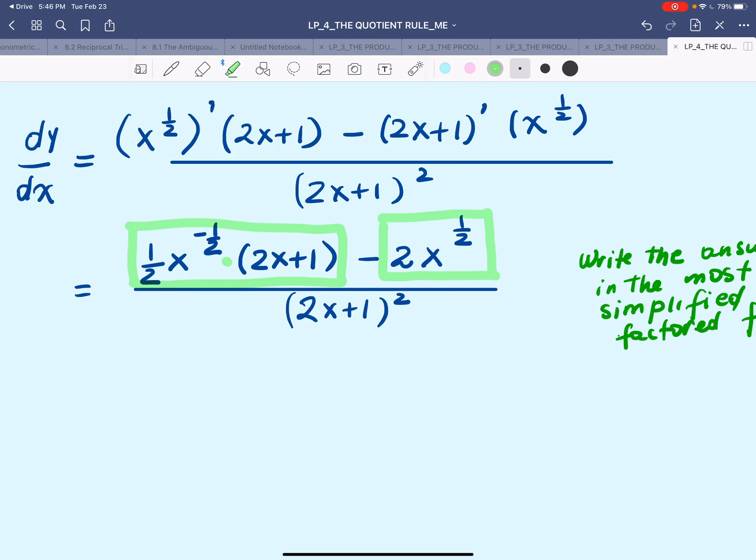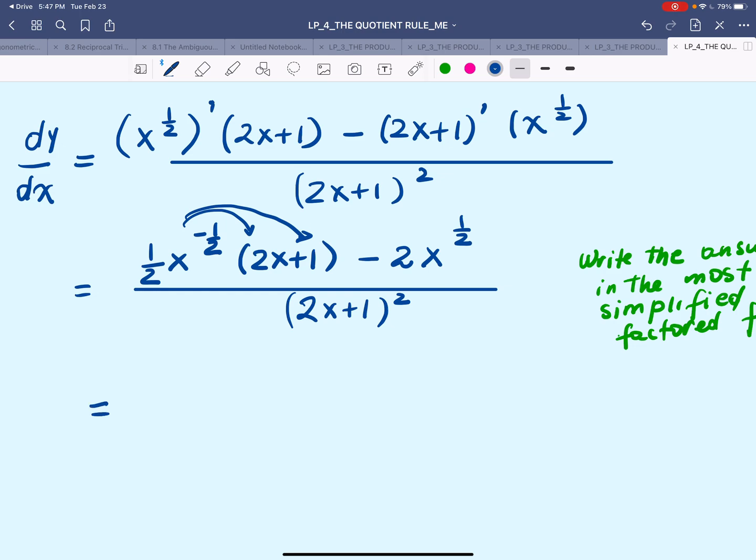So, usually we want to take out the x to the lowest power, okay? Now, another thing, though, that we can do in this case is expand the first group of factors, exactly.